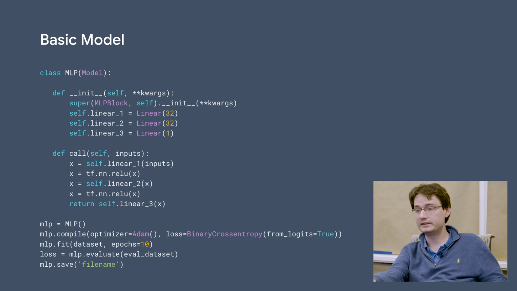And in this case, this model has no variables of its own. The only variables of this model come from the underlying layers. And when you call the layer for the first time, which is going to happen in fit, you're going to be calling this call method, which in turn is going to be calling the underlying layers. And that's when, internally, they're going to be calling their build method.